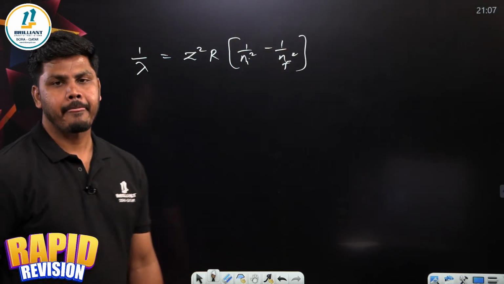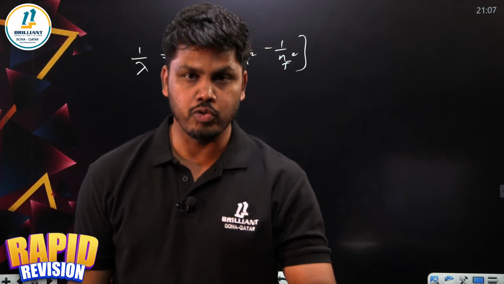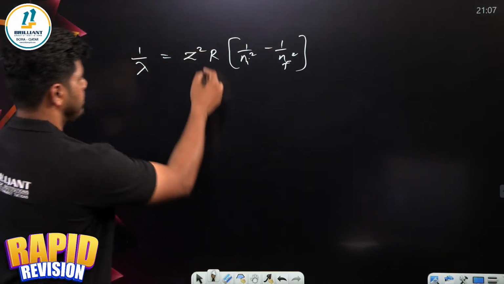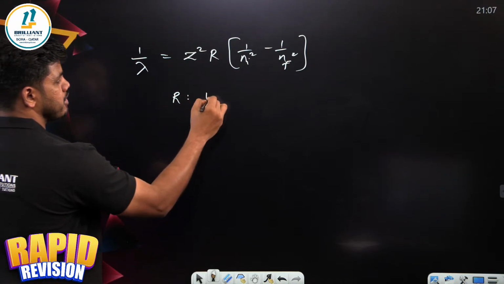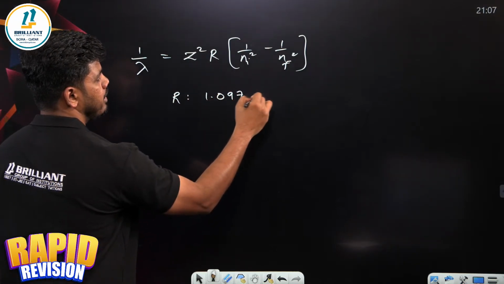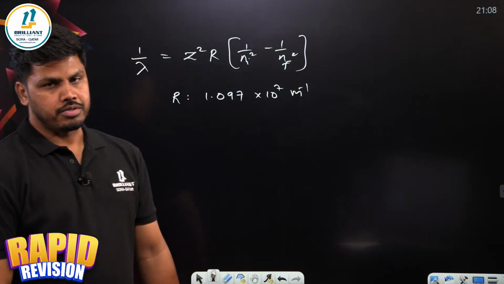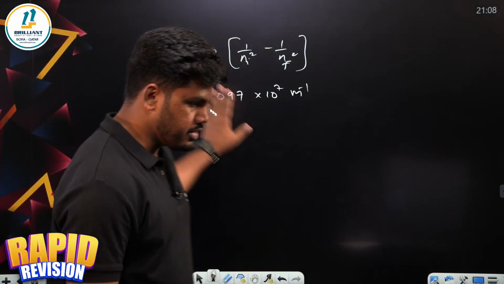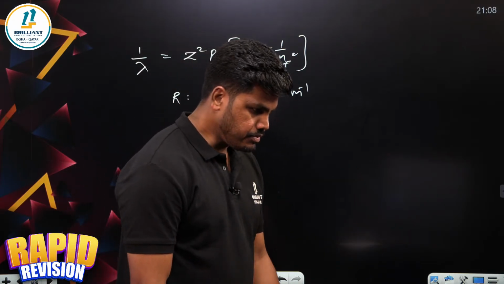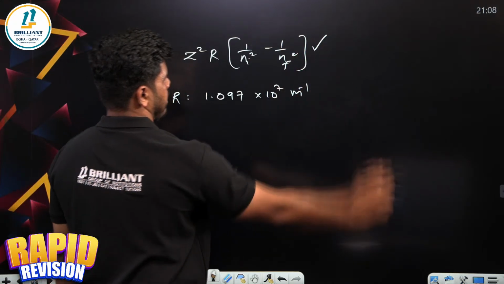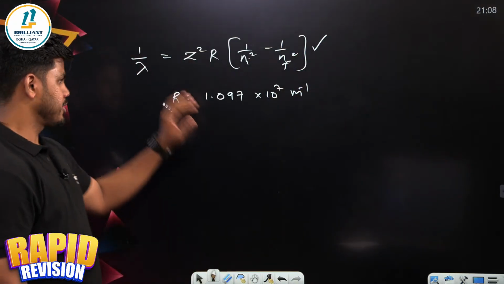This is the final equation that we need to explain hydrogen spectra later. So only this final equation you have to remember, where R is called the Rydberg constant, 1.097 into 10 raised to 7 meter inverse. That was the Rydberg constant. This simplified form you have to remember, qualitative treatment, that is what they mentioned.